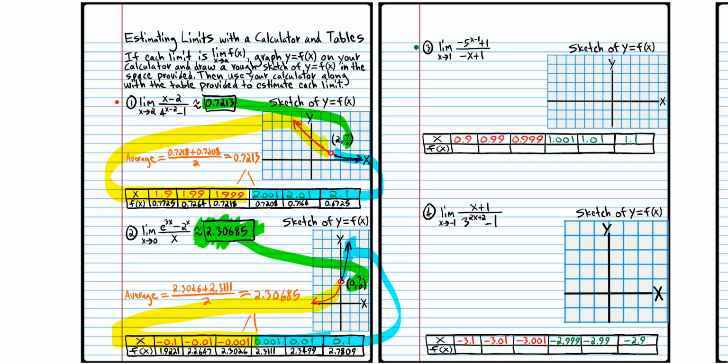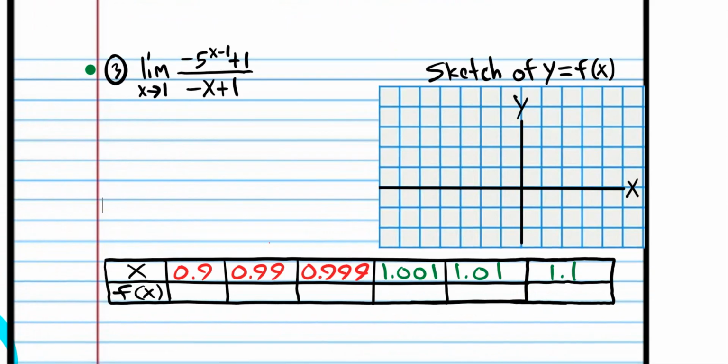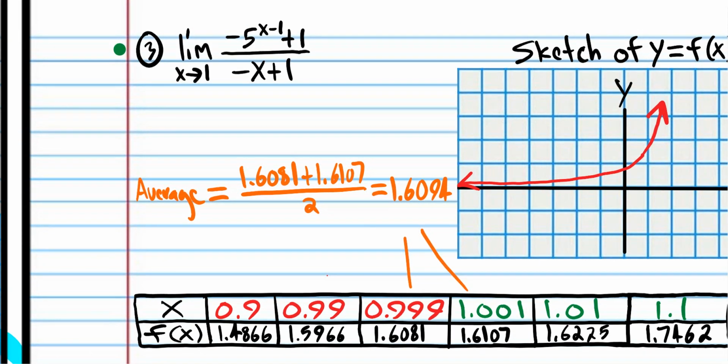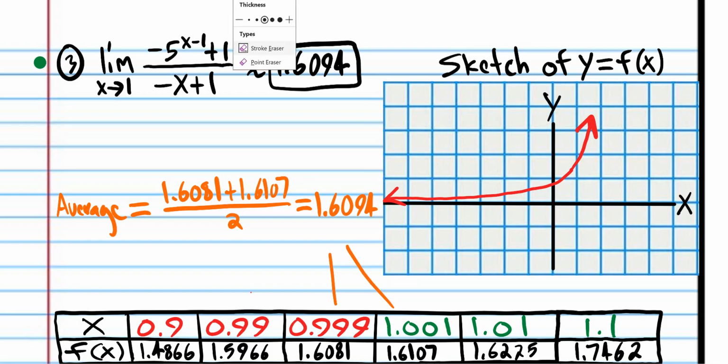Okay, we're back. Okay, so the limit is approximately equal to 1.6094. And we need a hole at x equals 1.